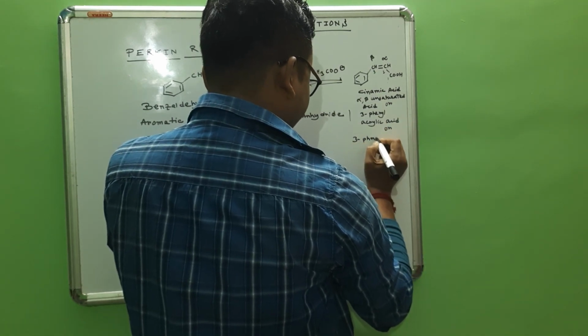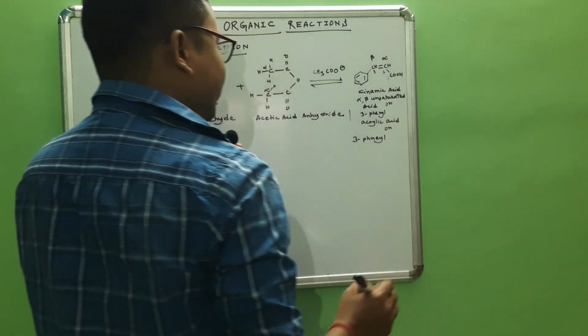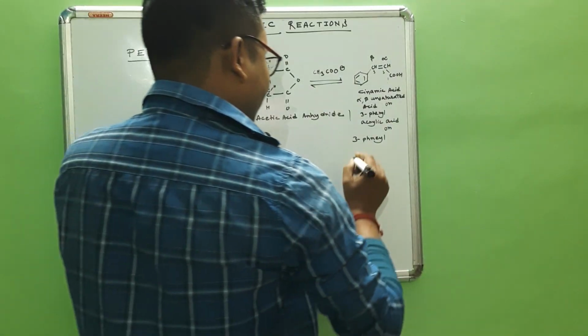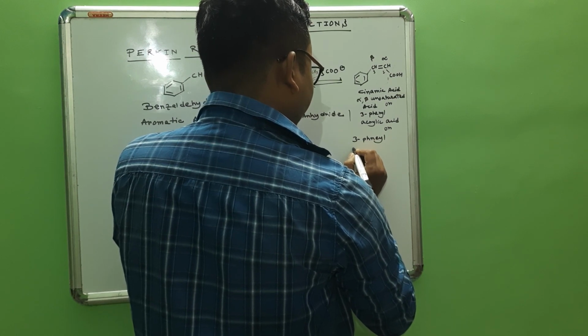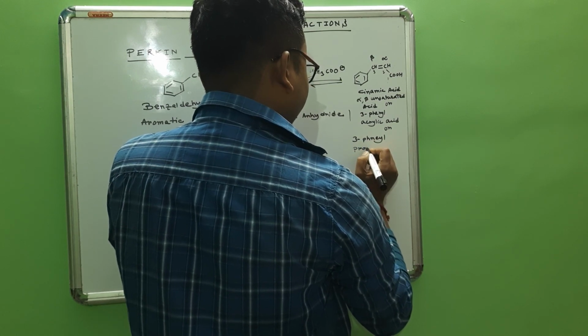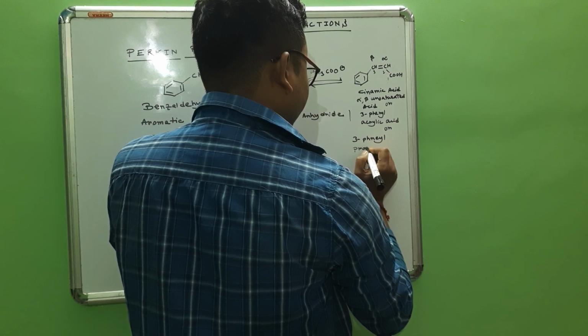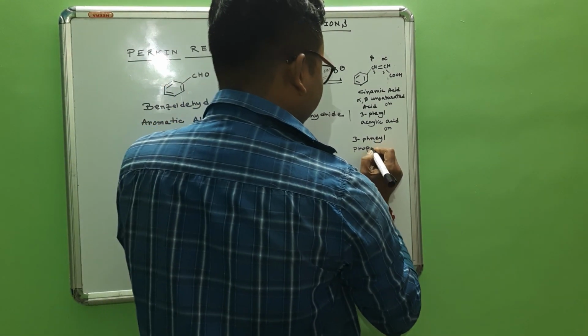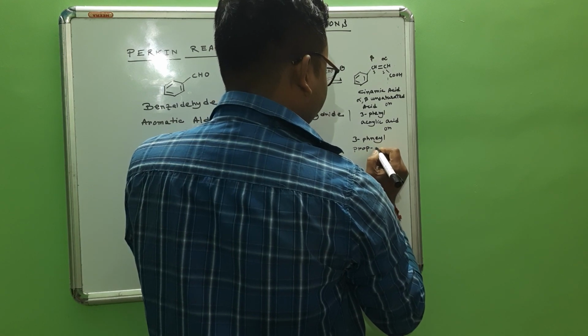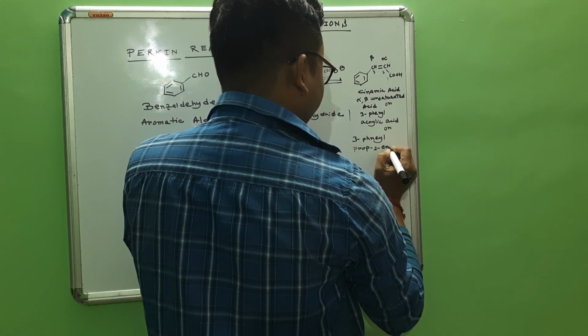What will be the IUPAC nomenclature? 3-phenylprop-2-enoic acid.